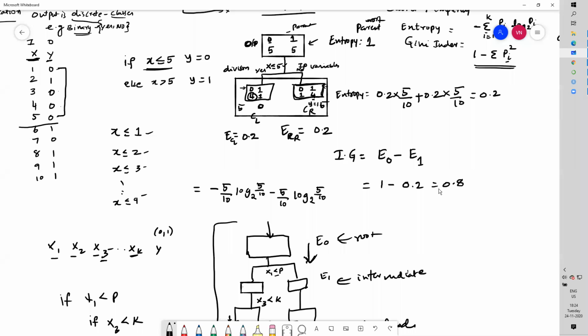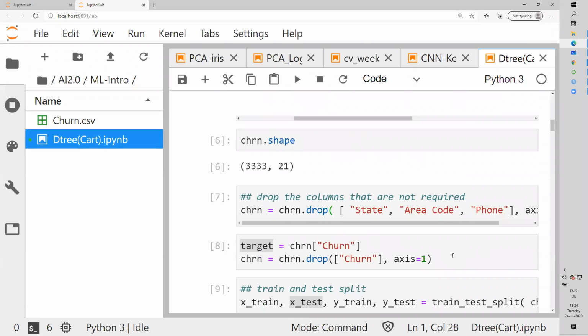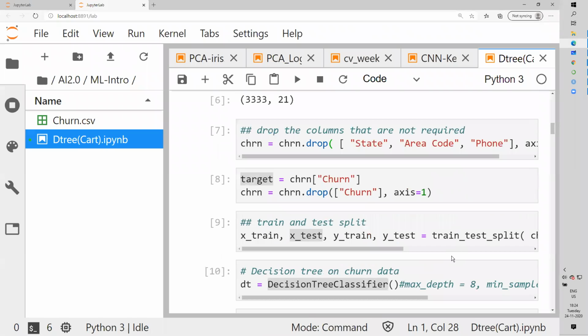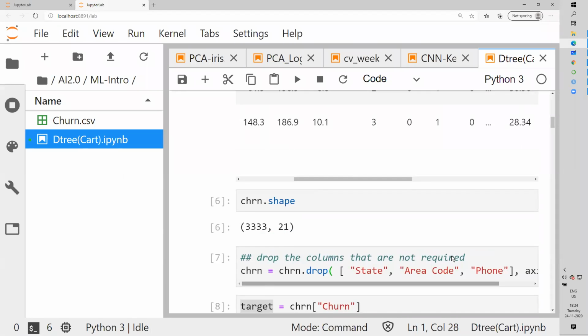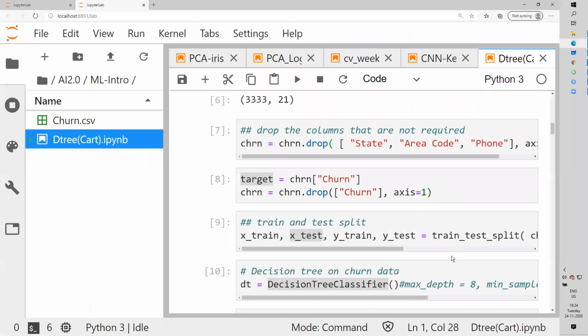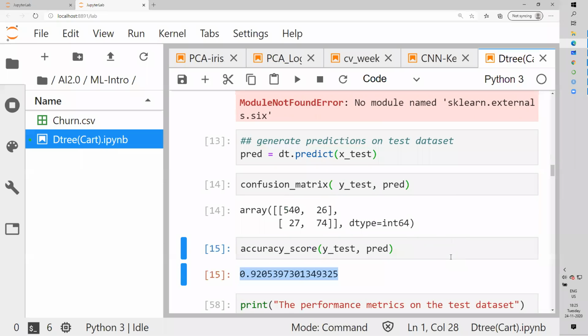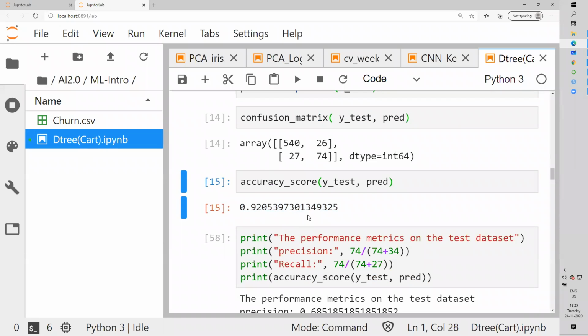But the moment you try to perform an application, like learning from historical data and building a machine learning model by yourself, it doesn't look that complex. It is hardly 10 lines of code, and I'm able to show you accurate predictions with an accuracy of around 92%. That's the beauty of machine learning.